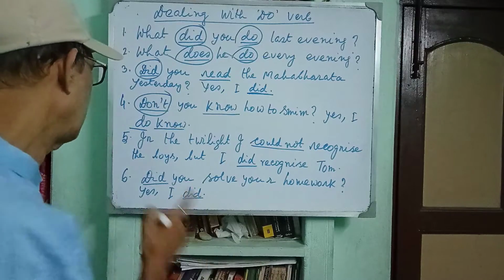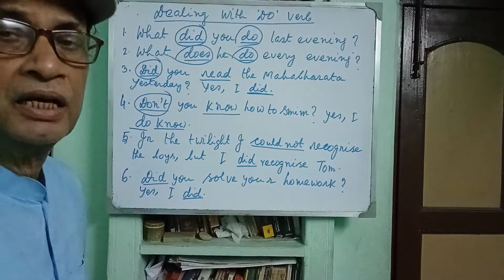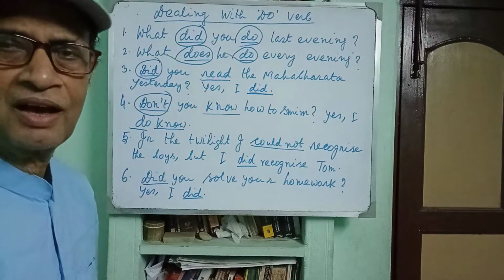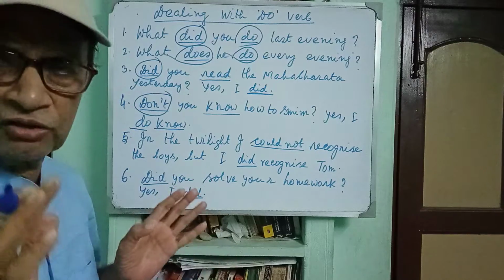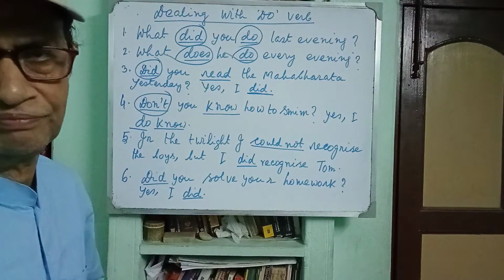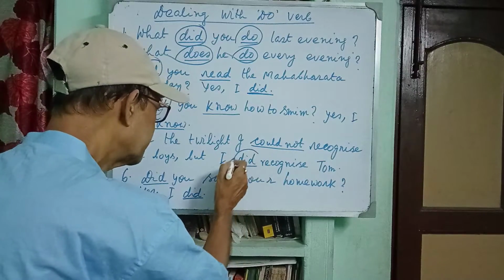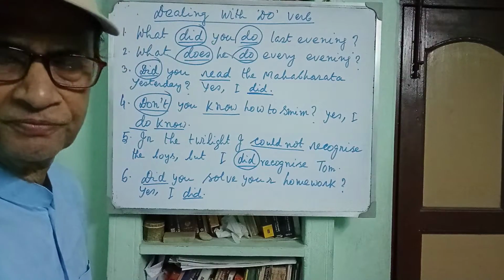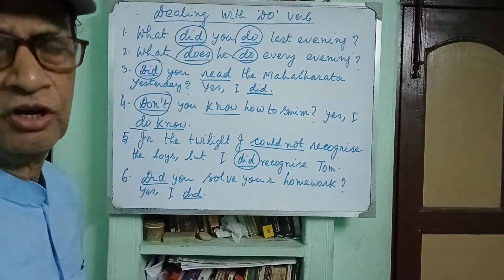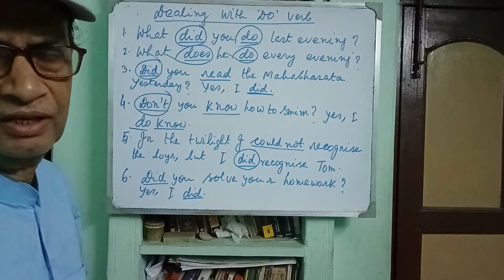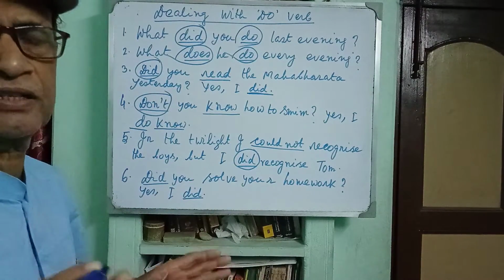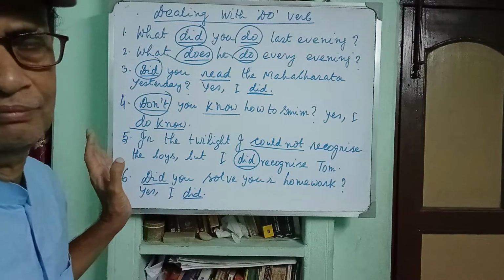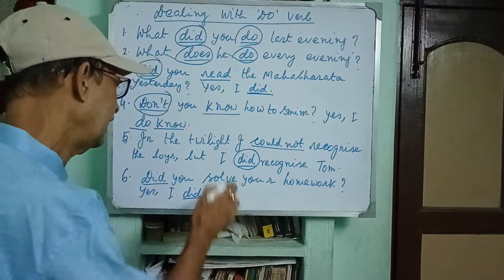I could not recognize the voice, but I did recognize Tom. That means I certainly recognized Tom. So here did, the auxiliary verb of do, has been used to give emphasis or stress on the fact that I could recognize Tom. Clear? It is in the past form.